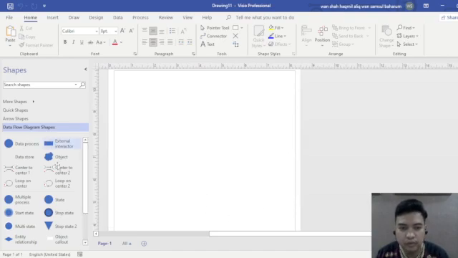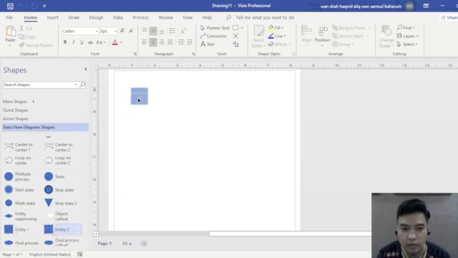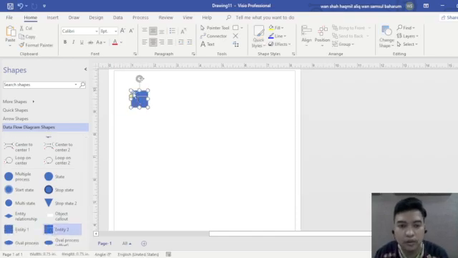First we will put the data sources, three data sources which enter at different times. One for the vendor, one for the purchasing, and one for the receiving.